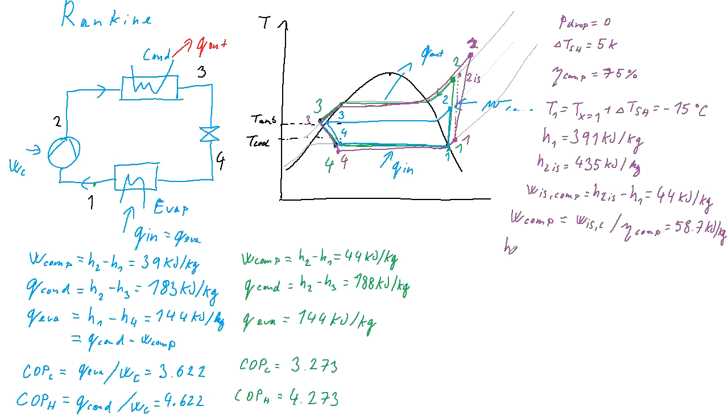Thanks to that, we can get the enthalpy at the point 2 as enthalpy at point 1 plus work of the compressor, which is 449.7 kilojoules per kilogram.